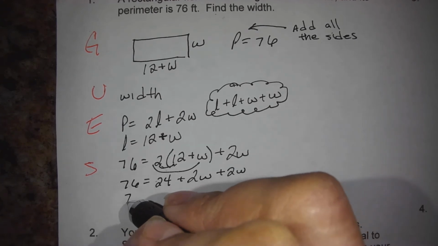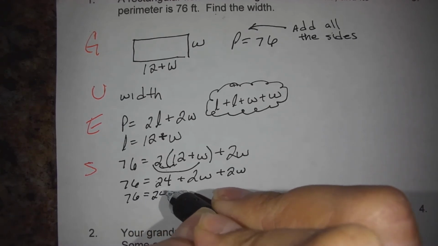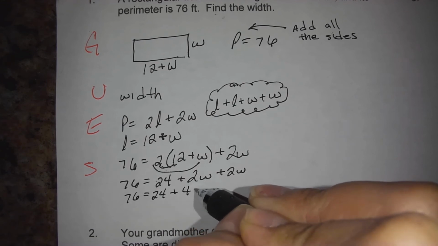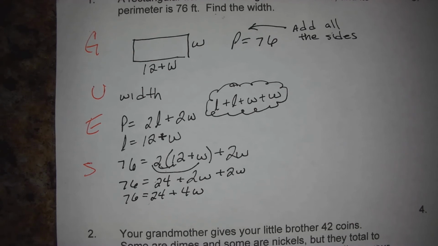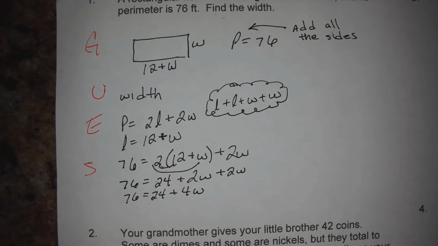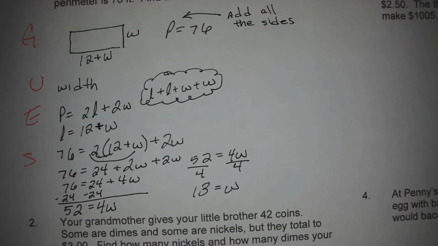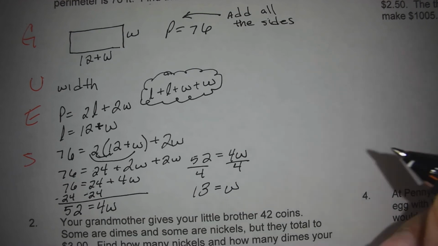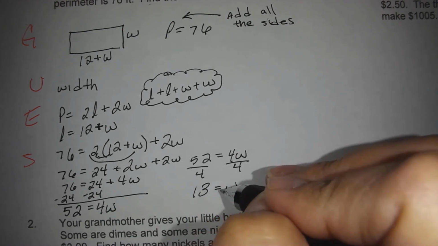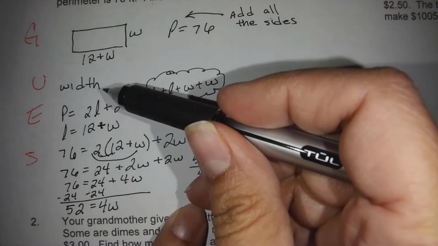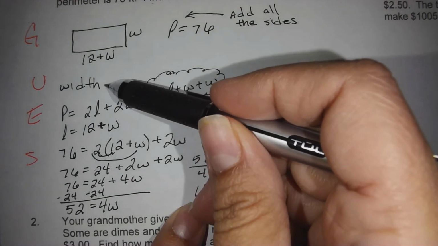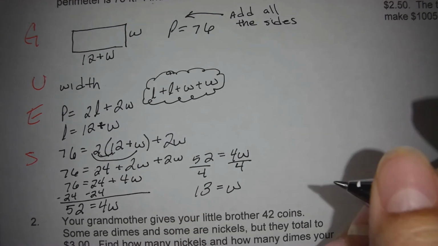Combine like terms. Go ahead and solve, and then come back and check your answer. We come out to 13 equals W. Go back and double check. Does this give us the unknown we started looking for? Yes, it does.